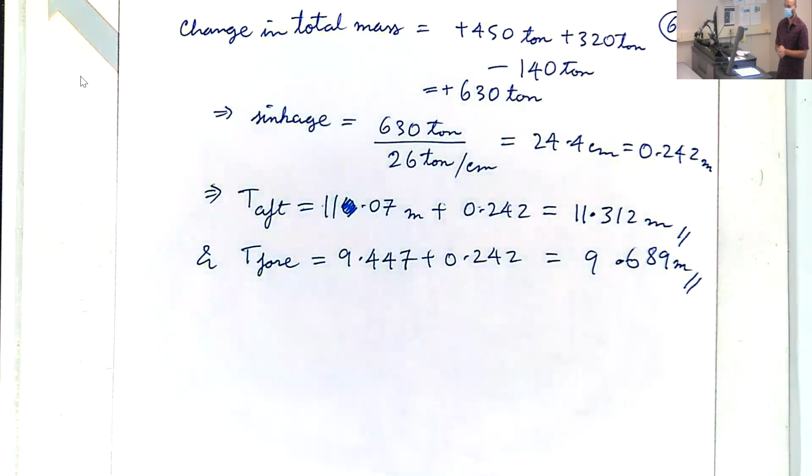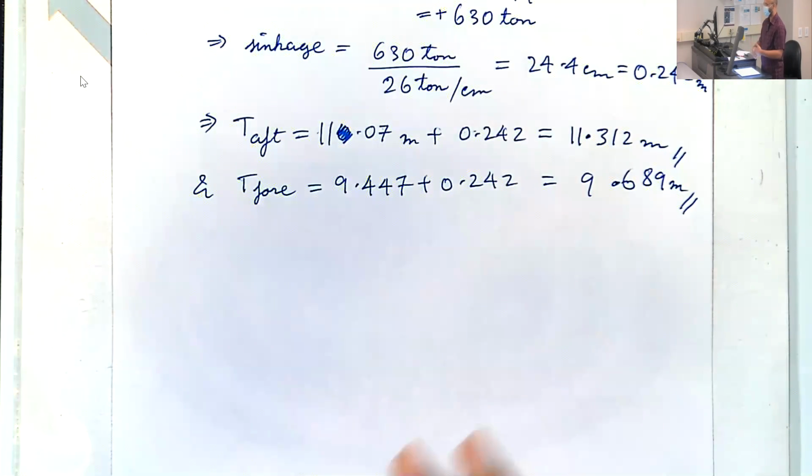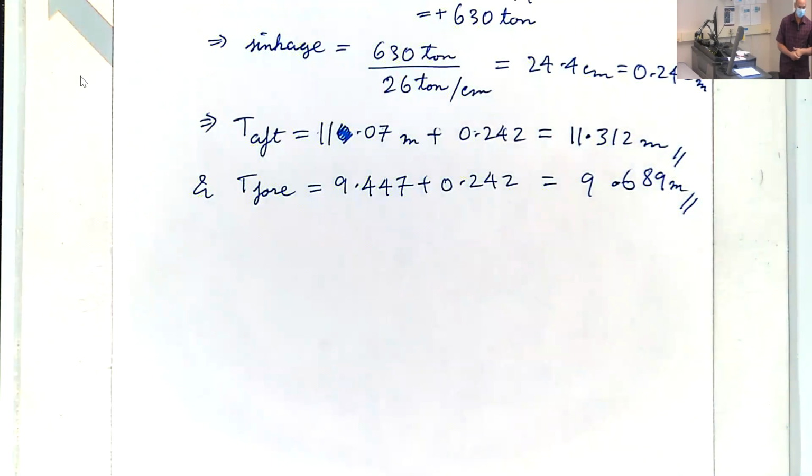How do I make sure that it still stays stable, it still stays afloat? So we'll look at what happens if you run aground, how that changes the stability status of the ship. If you poke a hole in the hull and it starts filling with water, how does that change the stability characteristics? Okay, so that's the next part of stability we'll talk about.